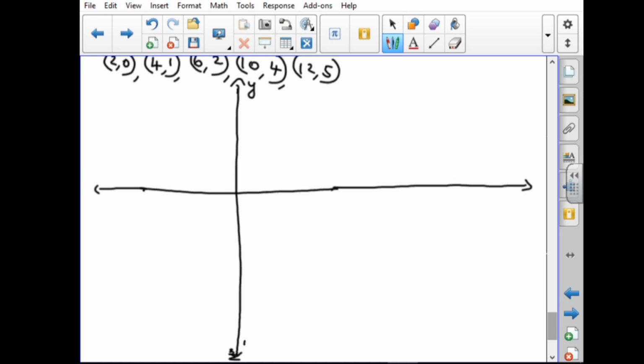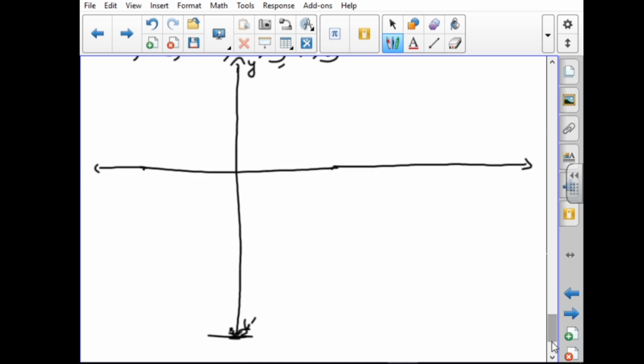Y axis, y dash. X axis, x dash. Here the x value will be up to 12.